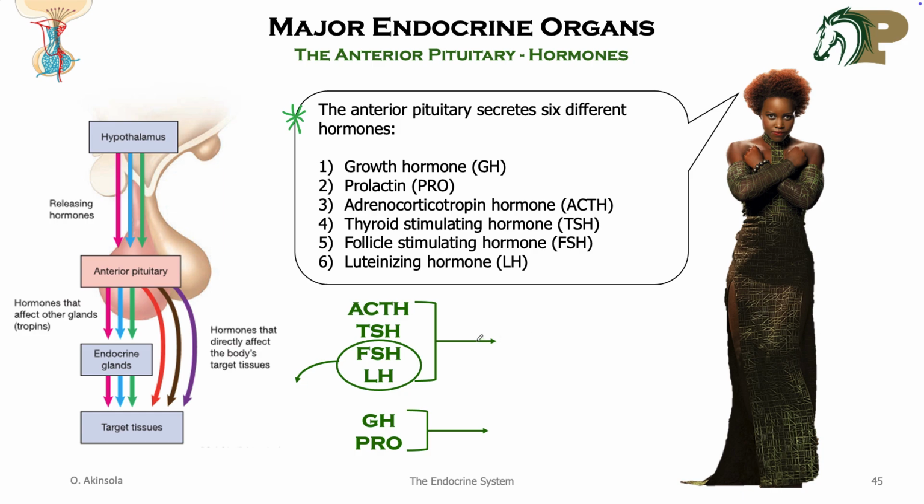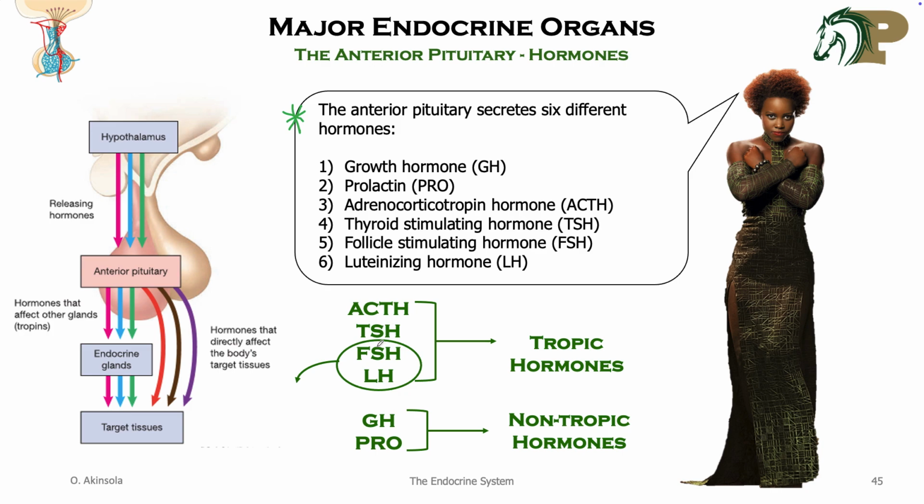Now, of these 6, these 4 here, ACTH, TSH, FSH, and LH, are going to be tropic. So these will act on other endocrine organs. The other 2, growth hormone and prolactin, are going to be non-tropic. So they will act directly on target tissues.